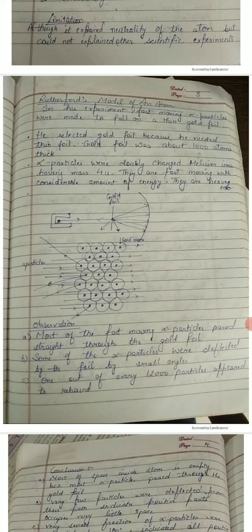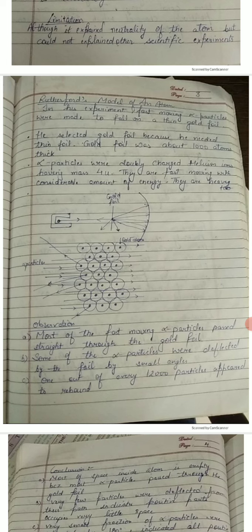When he observed that most of the particles pass straight, he concluded that most of the space inside the atom is empty. Then when he saw that some alpha particles get deflected through some angles, he concluded that inside the atom there is something positive, and that positive part is very small because very few particles get deflected.